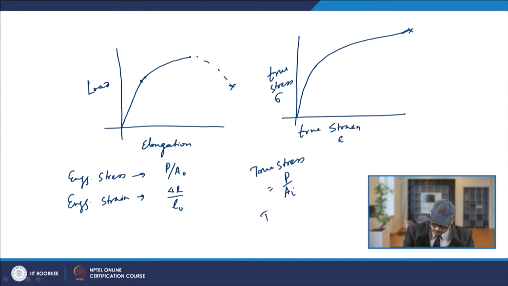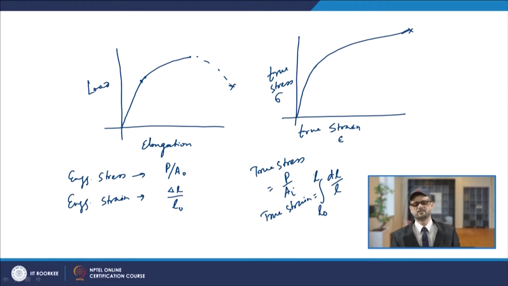Similarly, true strain is defined as the integral of dl by L, from L naught to L, where L naught is the original length and L is the final length. That way your true strain values are calculated.